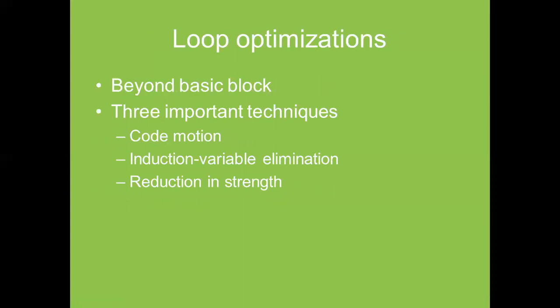Now again we can also apply optimization at the loop level, and that is called loop optimization. So we will apply it beyond a basic block here. Three important techniques we use at the loop optimization level: first is called code motion, another is called induction variable elimination, third is called reduction in strength.